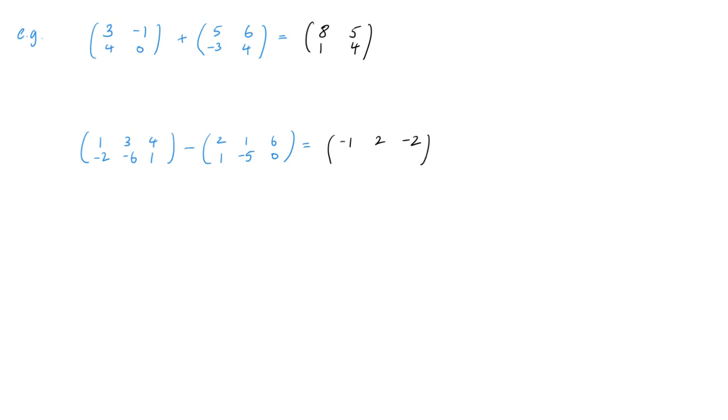And then going along the bottom, -2 take away 1 is -3. -6 take away -5, so it becomes -6 plus 5, which is -1. And 1 take away 0 is 1. That's how we add or subtract matrices. They have to be exactly the same size.